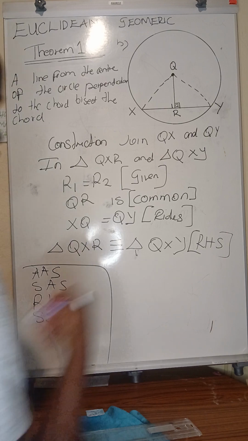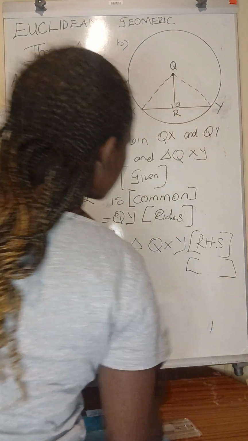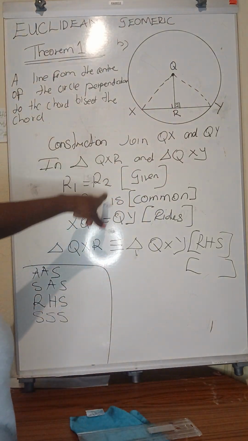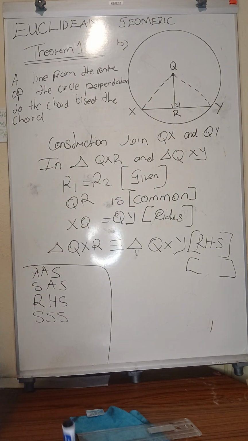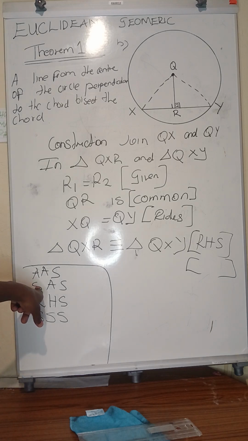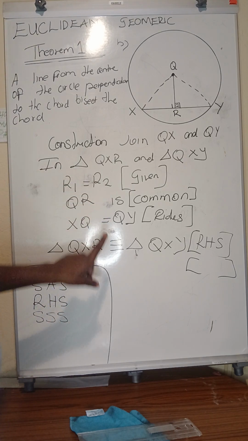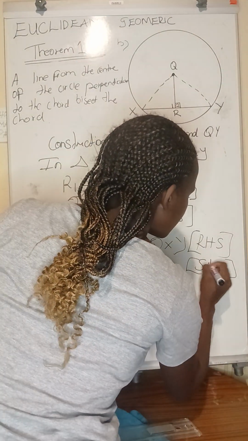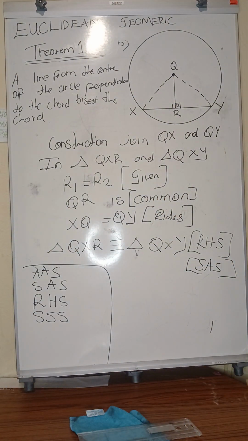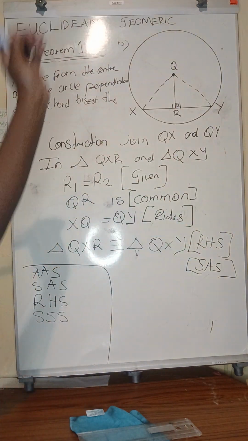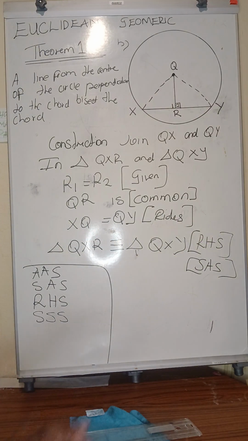If you don't want to write RHS here, you can also write SAS, because this is an angle, this is a side, this is a side too, so we have an angle and two sides. RHS only works in this B circle. For the previous circle, RHS doesn't work.